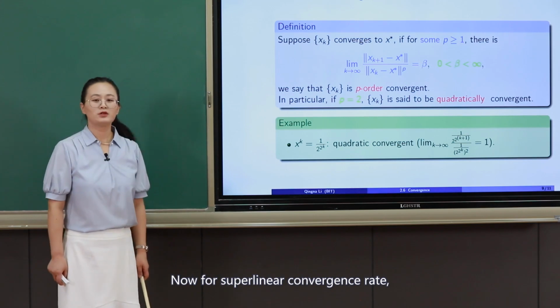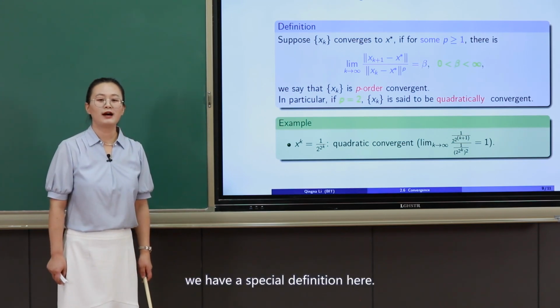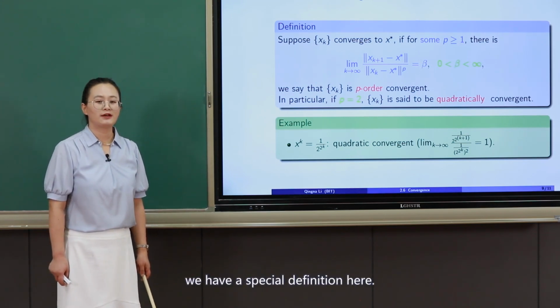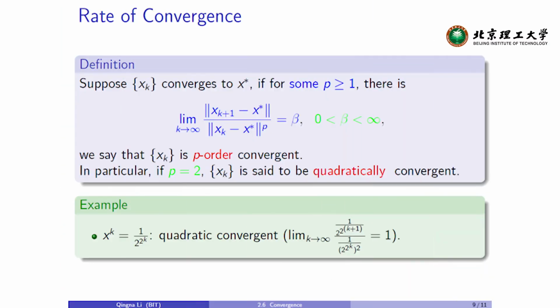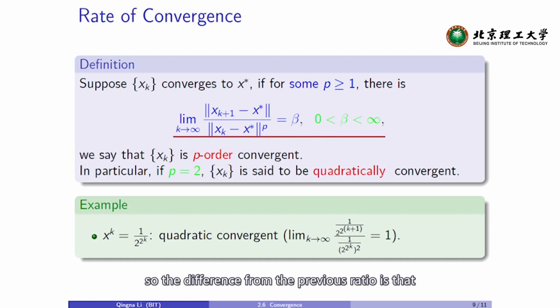Now, for superlinear convergence rate, we have a special definition here. If we take a look at this ratio, the difference from the previous ratio is that we add a power p for the denominator. In this case, it means that xk plus 1 runs to x star much faster than the current iteration.